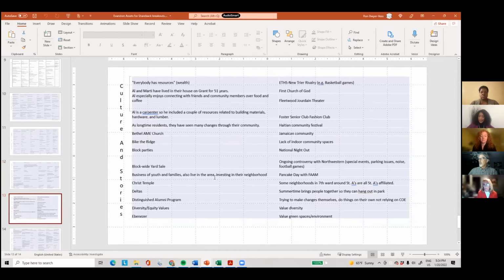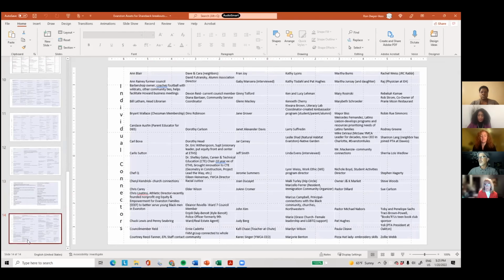These are things that were brought up in the work, just the kinds of places where people hang out and stories of different communities, whether they be ethnic communities like Haitian or Jamaican, or, I love the Foster Senior Club Fashion Club. There's so many places where culture is created and stories are shared in Evanston.